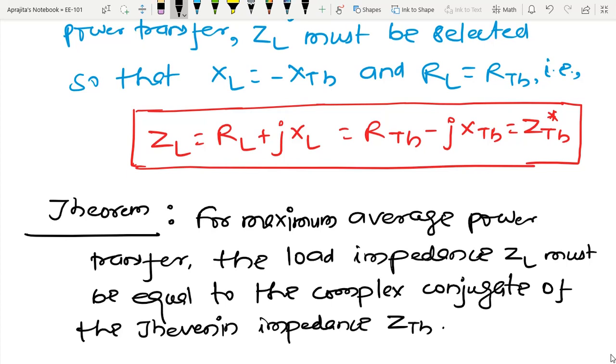Most of the time people use combinations of RLC for matching purposes. That is one of the very beautiful applications of this theorem.